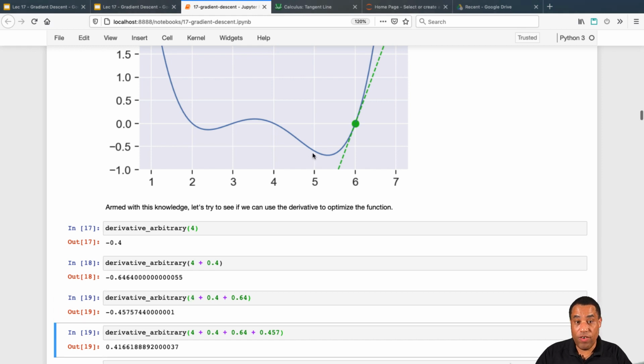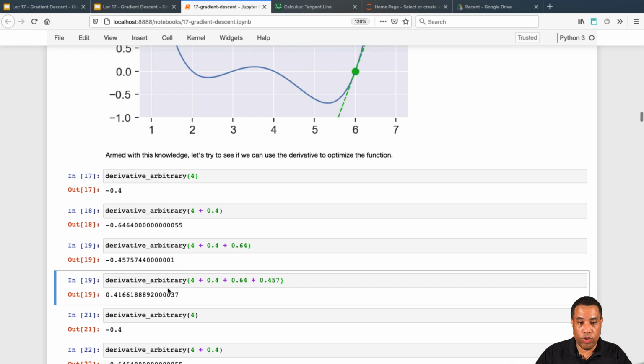And when we're at 5, we can see that our derivative now is negative 0.45. So at 5, we can see the slope is a little bit lower. We're going to continue moving over. And we're now starting to get closer to our minimum, right? Because we can see that it's dropped even more.